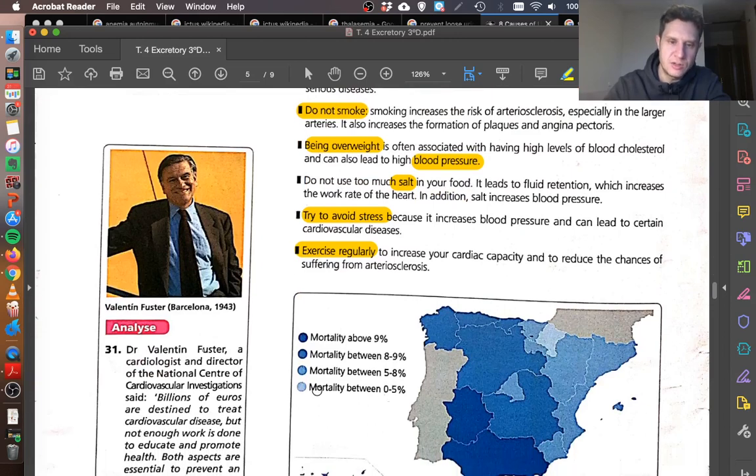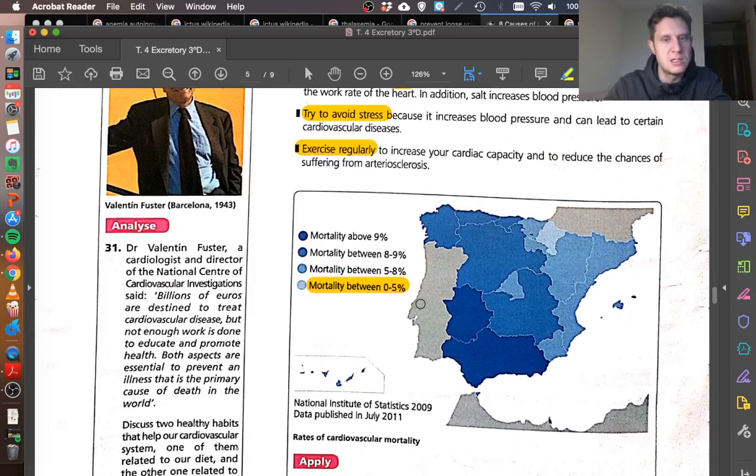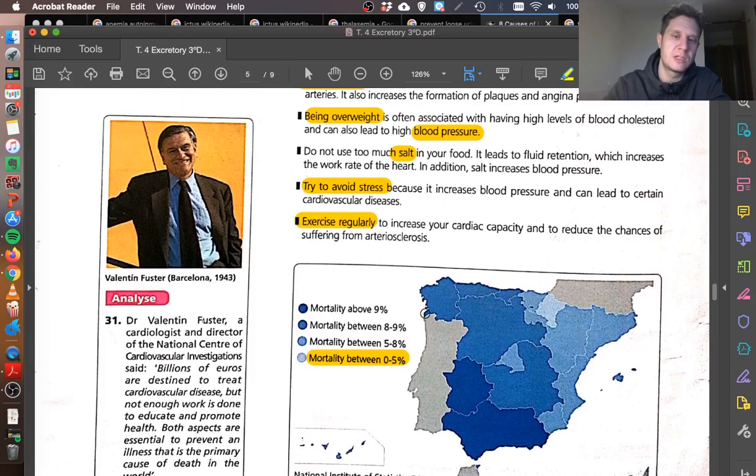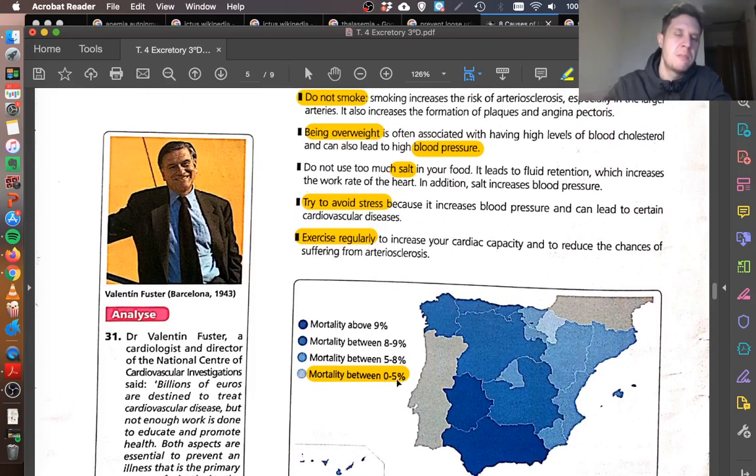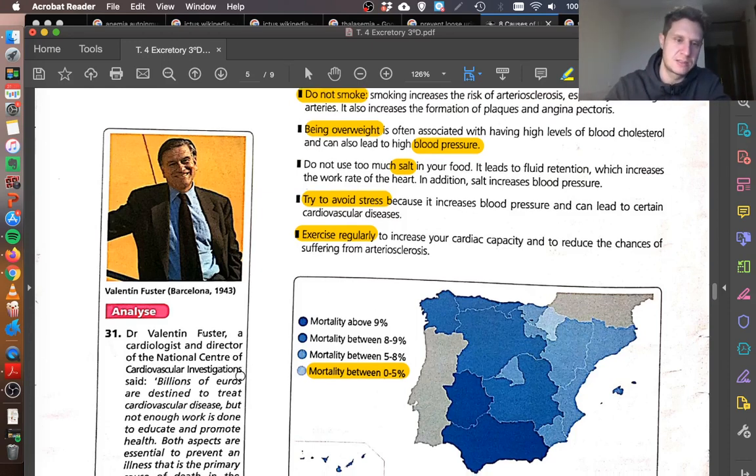We're lucky to be in this part, Madrid, because we have better standards in our eating habits, and that's a good thing. We need to keep this up, and it's also because we have maybe a lot of doctors and hospitals, and they can help us. Yeah.